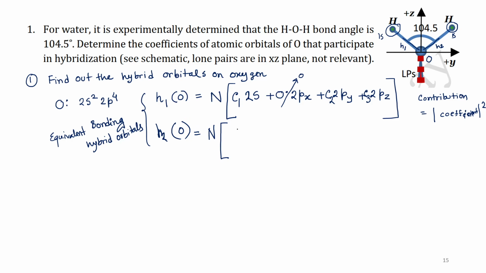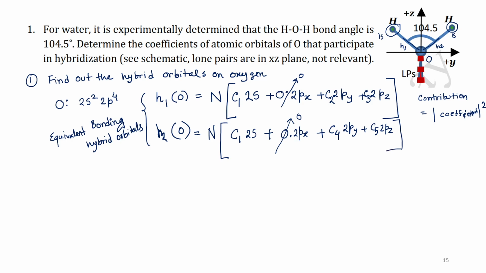The 2s should have equal contribution to the second hybrid orbital as well, because it has no direction; it is spherically symmetric. Again, your 2px is not going to have any coefficient, but it is going to have C4 from 2py and C5 from 2pz.